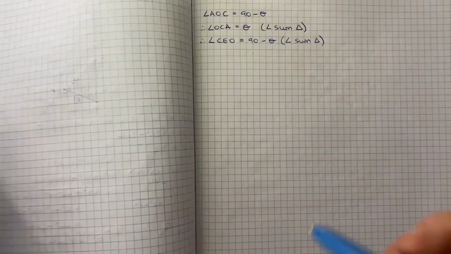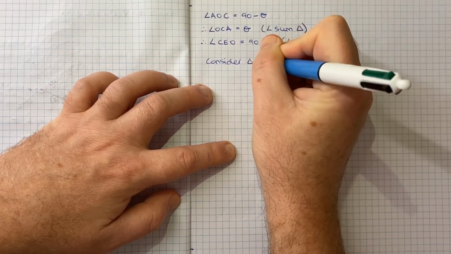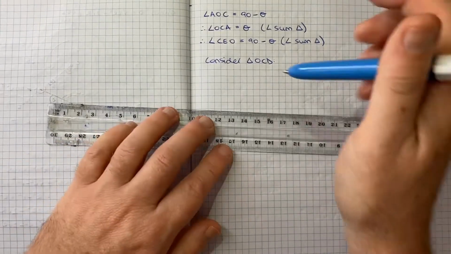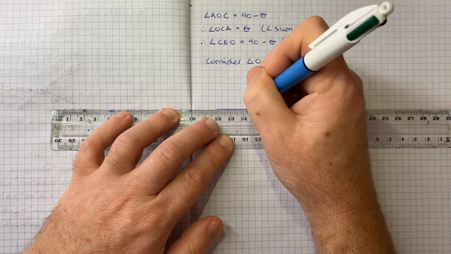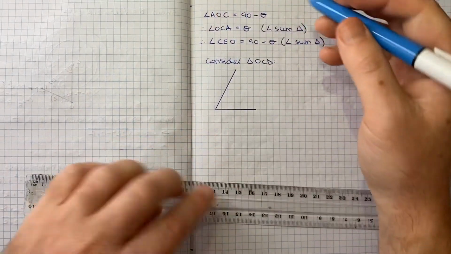So let's consider triangle OCD, and I'll just draw that up. Now this won't be a right angled triangle, but that's okay, because I think there's another rule of trigonometry that we can make use of.